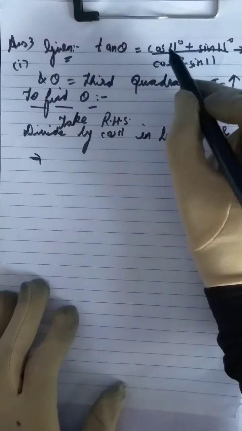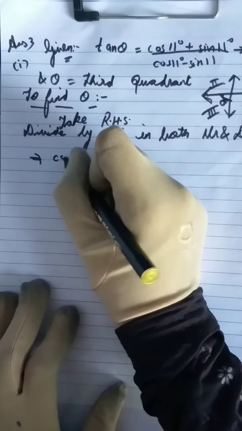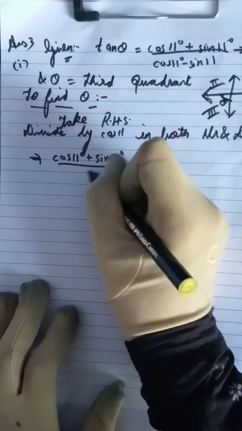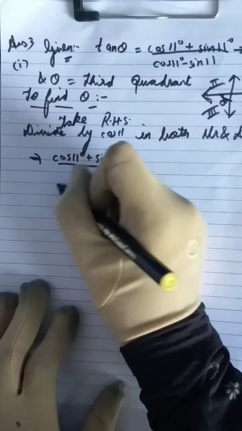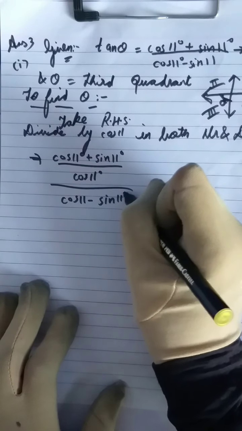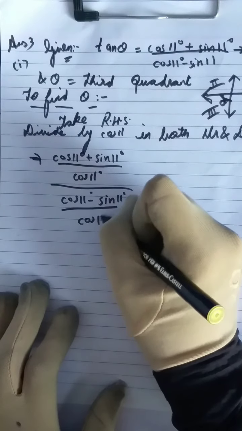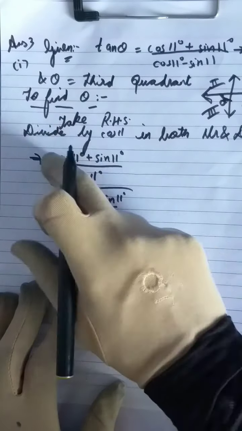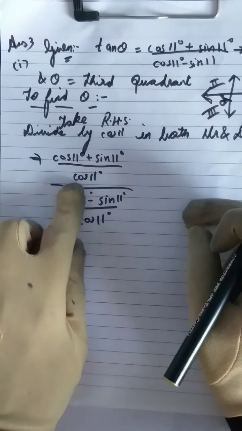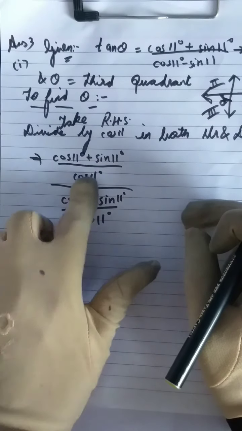So see here, if I divide, we get (cos 11 plus sin 11) by cos 11, over (cos 11 minus sin 11) by cos 11. See, how did this come? We are dividing the numerator with cos 11 and we are dividing the denominator with cos 11. Now this cos 11 belongs to cos 11 and also to sin 11.